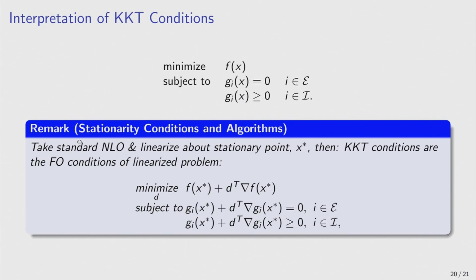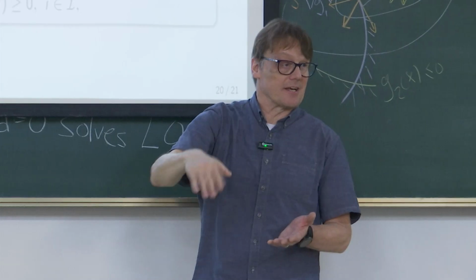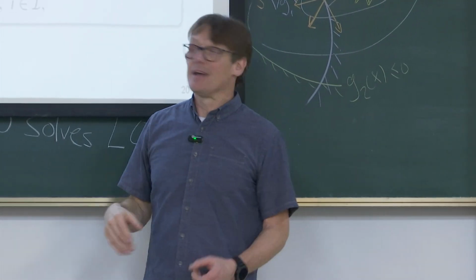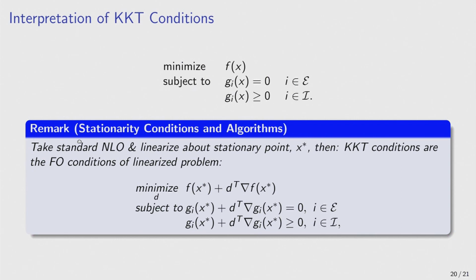If x star is not a local minimizer, then this will create a descent direction: f of x star plus d transpose gradient f of x star will be less than f of x star, and we can make progress in that direction.